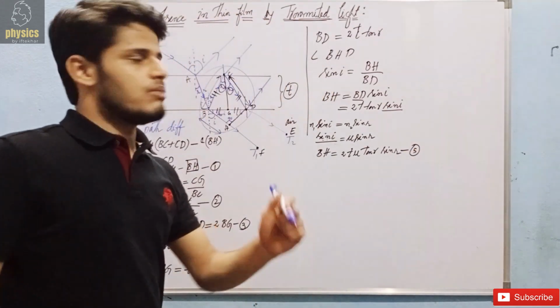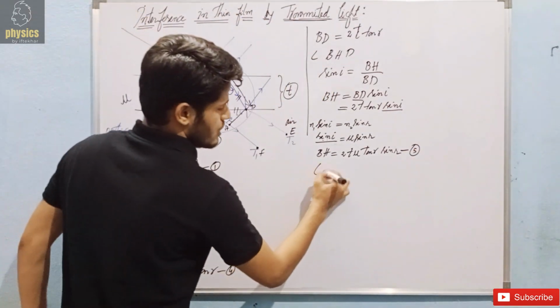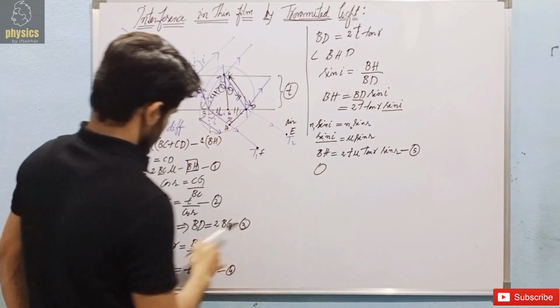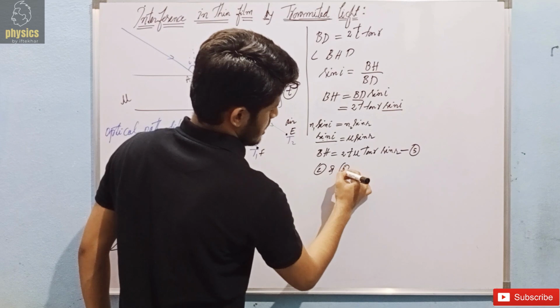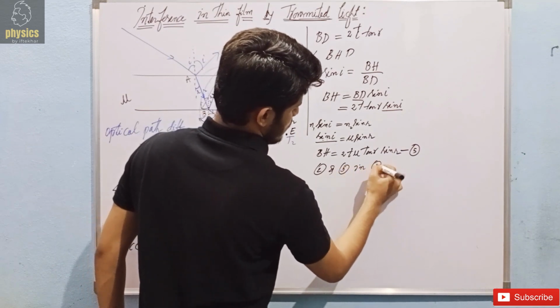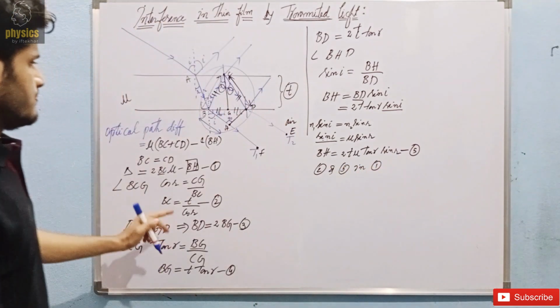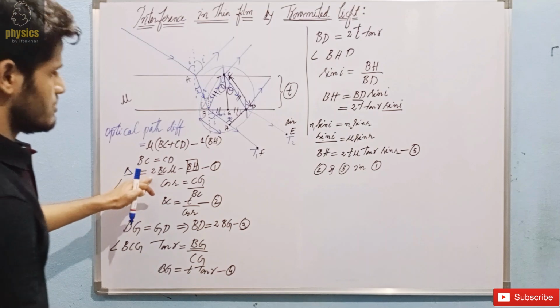So now I will be substituting equations 2 and 5 in 1. This is the path difference.